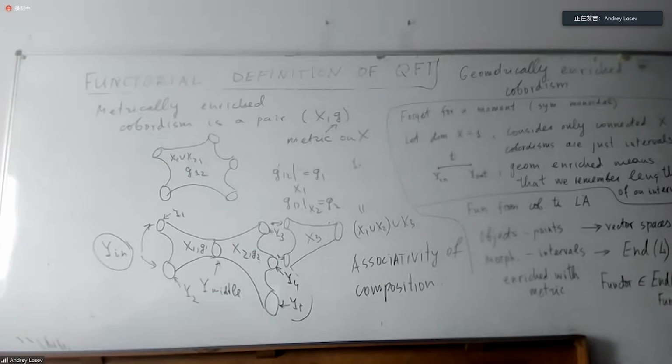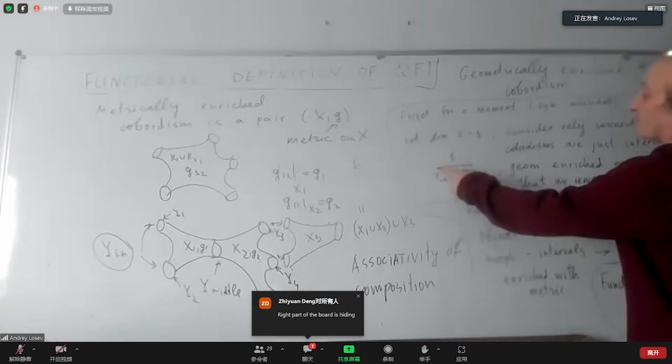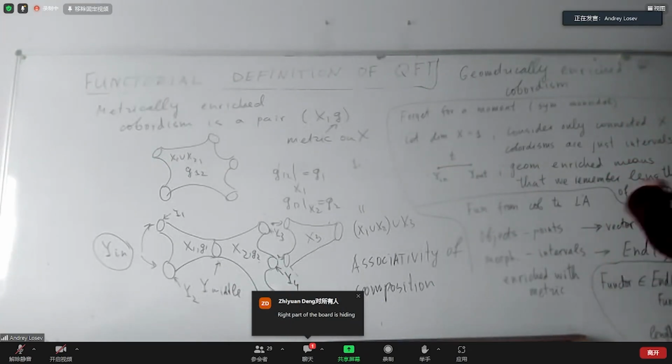What is this R plus? Length. So to compute the value of the functor on an interval of length t, I need to substitute this length t here.